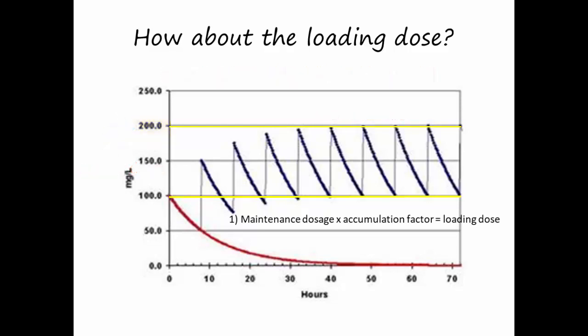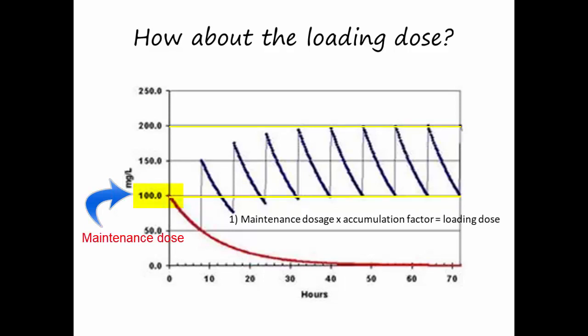Now the problem is that most of the time all we have is the half-life and the maintenance dose, but we don't have any other information. But we still can calculate the loading dose from those two values. So if we look at this graph, starting with the maintenance dose, it will put you at the 100 milligram per liter mark.